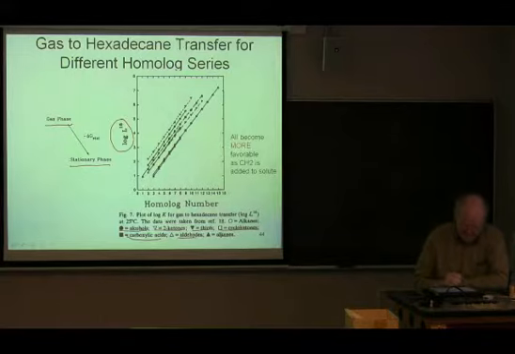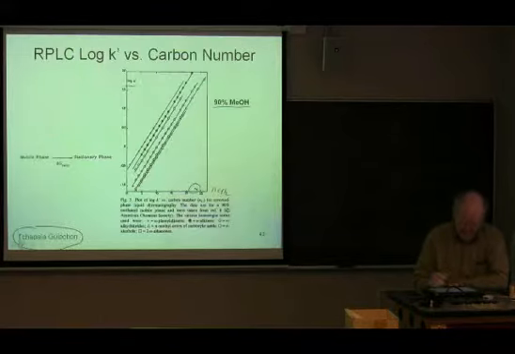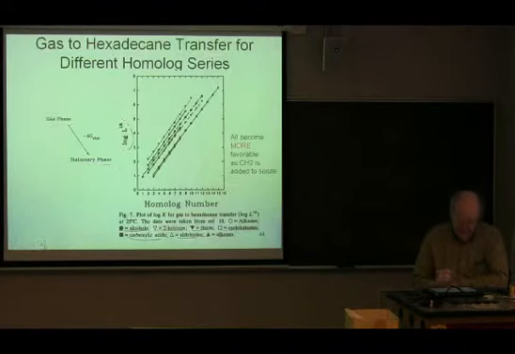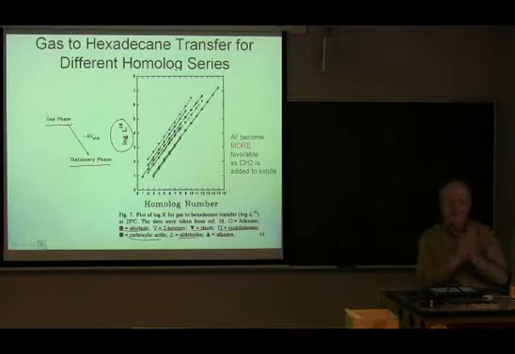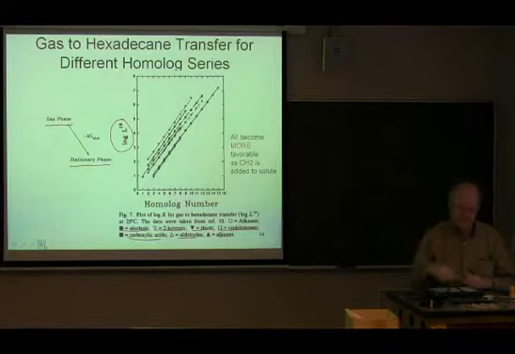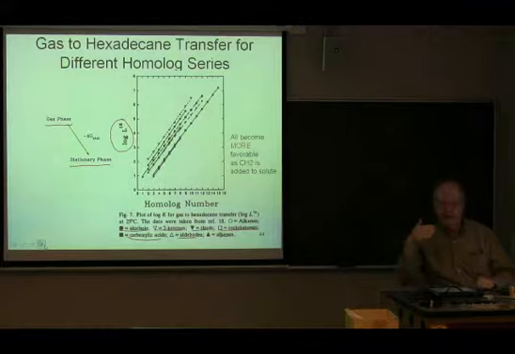And you can see, either in this case or in this case, the transfer free energy of a CH2 group, which is the slope of the line, is becoming more favorable as we move up the homolog series. So the free energy of transfer of a CH2 group, either in reverse phase or in gas to hexadecane, is a favorable process.